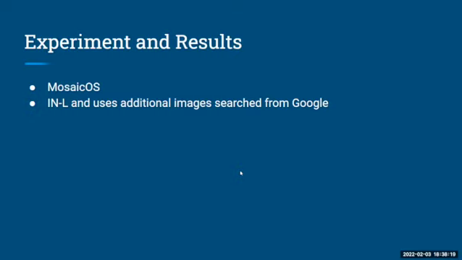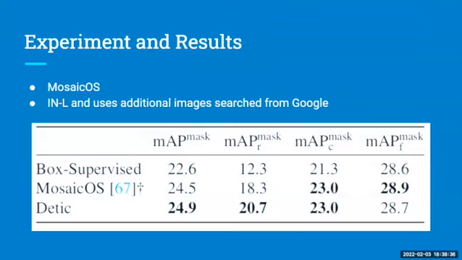It uses Mask R-CNN as a detector and ResNet 50 as the backbone. Detic was also trained in a similar setting, with Mask R-CNN as a detector and ResNet 50 as backbone. As you can see, it outperforms MosaicOS for almost all cases except for the frequent case, but it comes very close to the result.